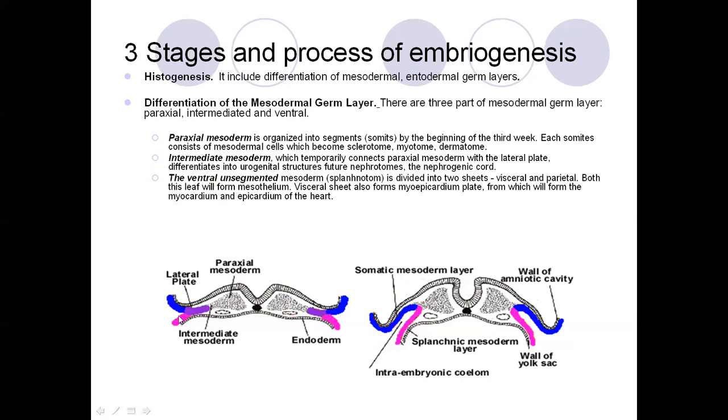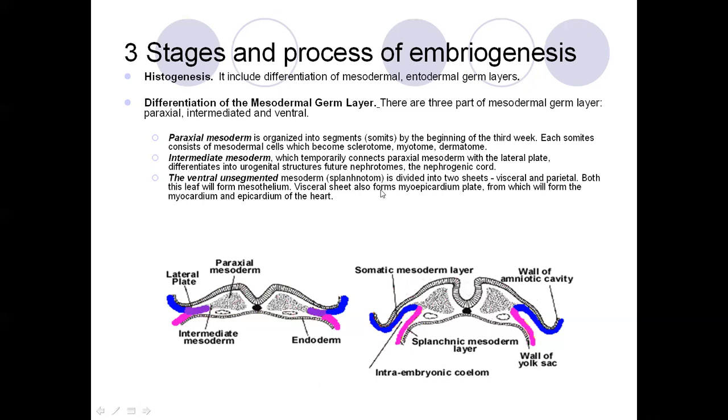In this diagram you can see splanchnotome, ventral unsegmented mesoderm. This part is the visceral sheet of splanchnotome and the parietal sheet of splanchnotome. They form a cavity inside. This cavity is called coelom, the intraembryonic coelom.